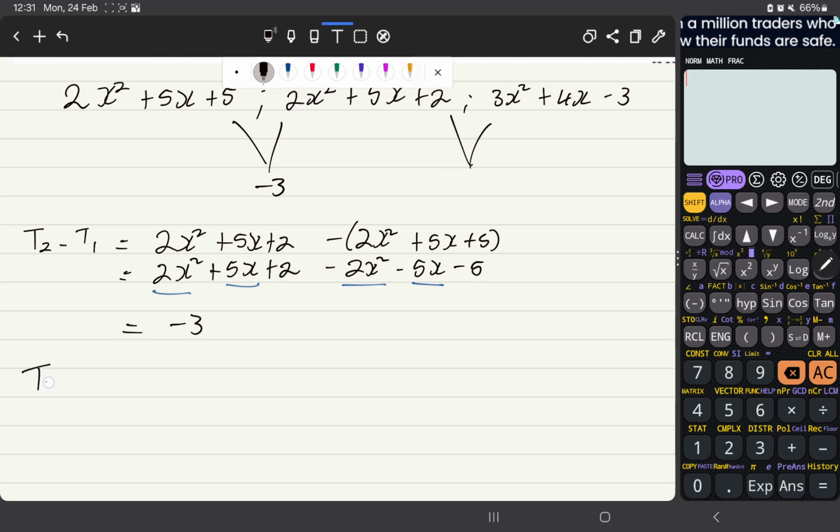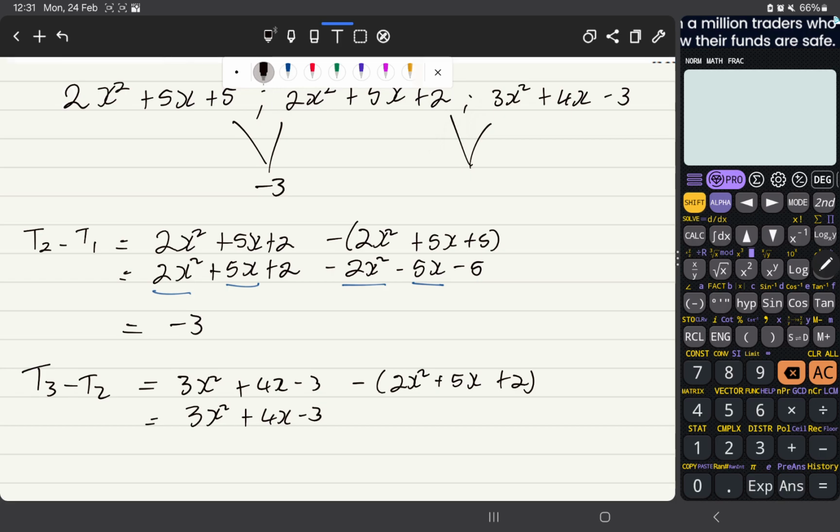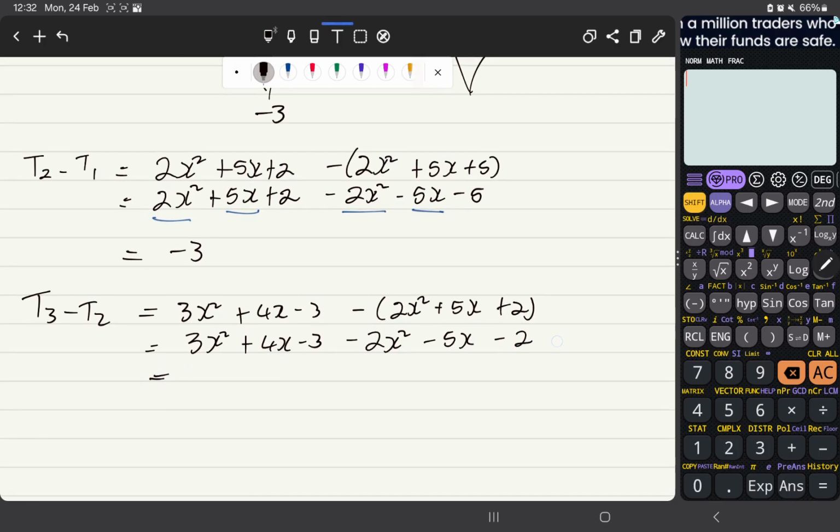Let me go again. T3 minus T2. So then right here we're going to have x to the power of 2, and for the x's we're going to have 4 minus 5, that's minus 1, so we're going to have minus x, and then minus 3 minus that, we're going to have minus 5.